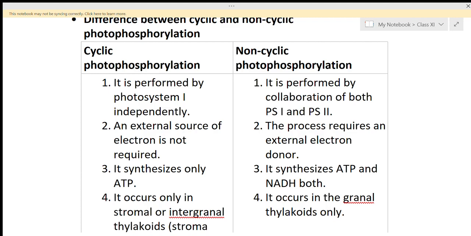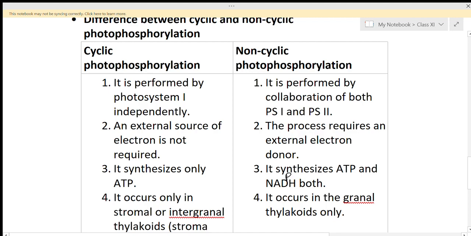But in the non-cyclic, an external electron donor is required. In the cyclic, synthesis of ATP takes place. In the non-cyclic, synthesis of ATP and NADPH both take place.